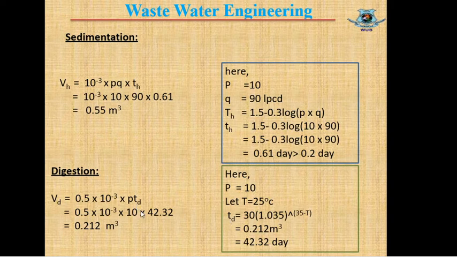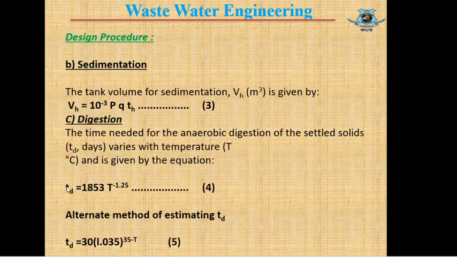Let's see the design steps and equations again. Here are the two equations to calculate TD. We have used equation number 5 to solve that problem, and the volume of digestion, VD, equal to 0.5 into 10 to the power minus 3 into P into TD.